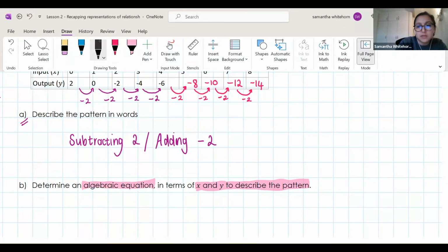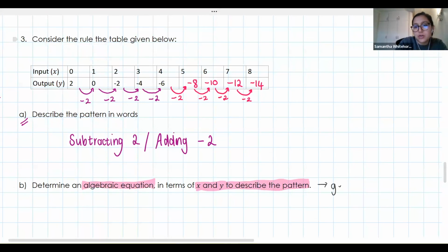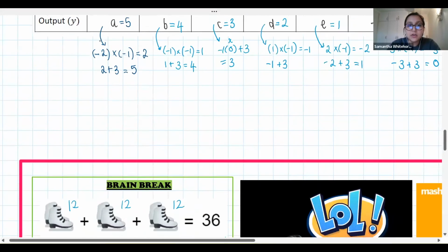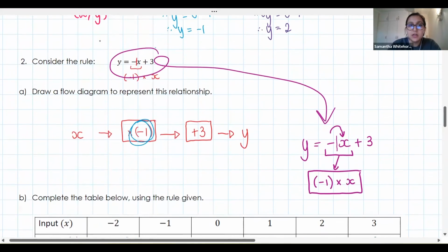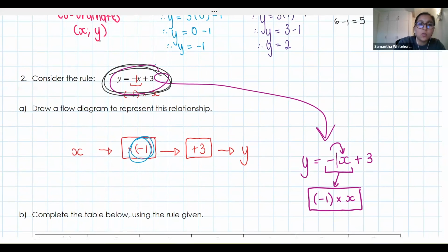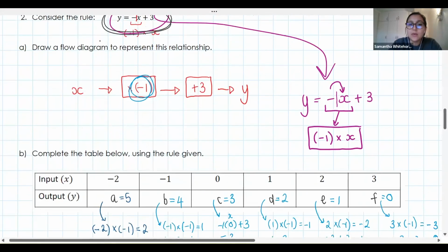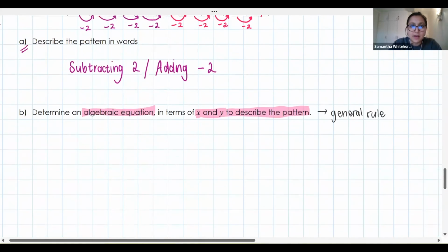Remember, what we can sometimes call this is the general rule of our number pattern. Okay, so when looking at our general rule, we want to be able to find one rule like we did over here in question A and B. So we want to find a rule like the y equals that will allow us to find any output that we have.